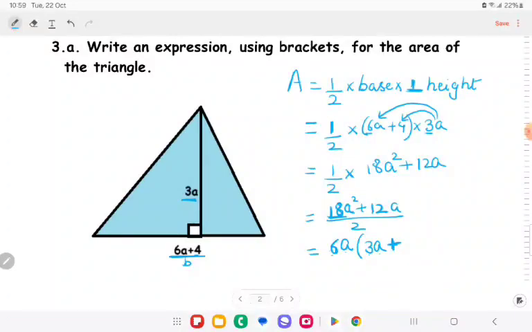Plus 6 into how much gives me 12? 6 into 2, and we already have an a, so we need not add an a inside the bracket because a and a can become a square. So, we just need one a and let that be outside. Let me put the 2. 2 1s are 2, 2 3s are 6.